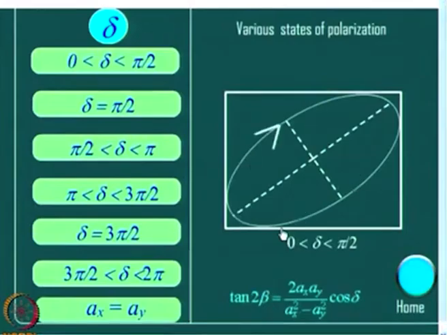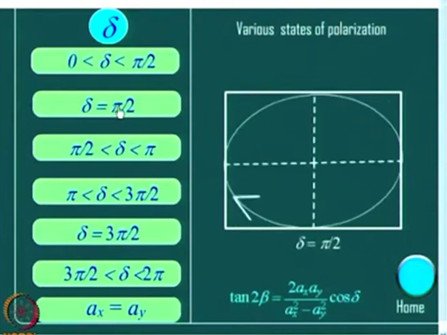And suppose I go to delta equal to pi by 2, which we have already looked at, we will see pictorially. So, when delta equal to pi by 2, the major and minor axes of the ellipse coincide with the reference directions x and y. This is a very important result. It is a very useful result in photoelasticity.